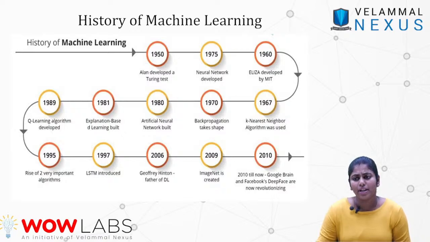So, what is ANN? ANN is an Artificial Neural Network, which acted as a platform for the development of convolutional neural networks down the line. In 1981, Gerald built a new way to teach machines, which he called explanation-based learning.